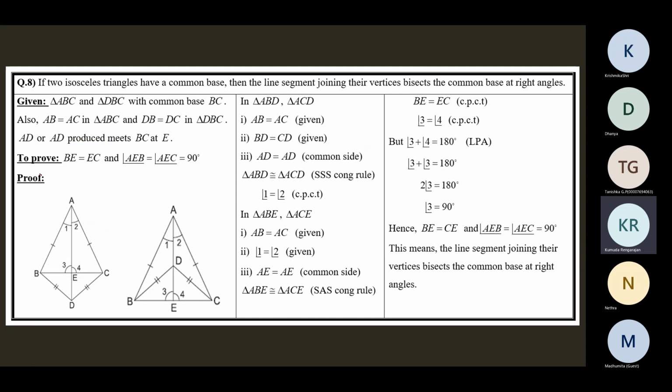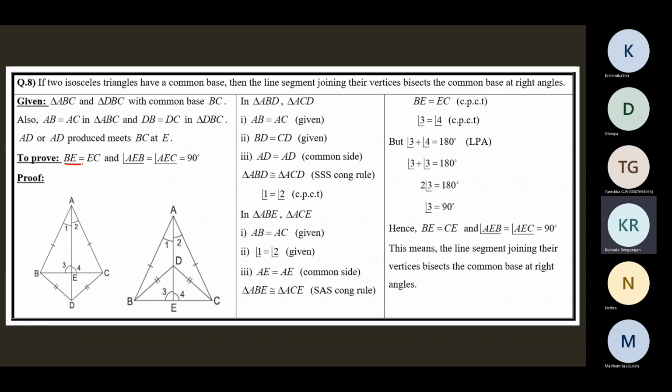Now take away this AD: AD produced meets BC at E. So AD or AD produced meets BC at E.